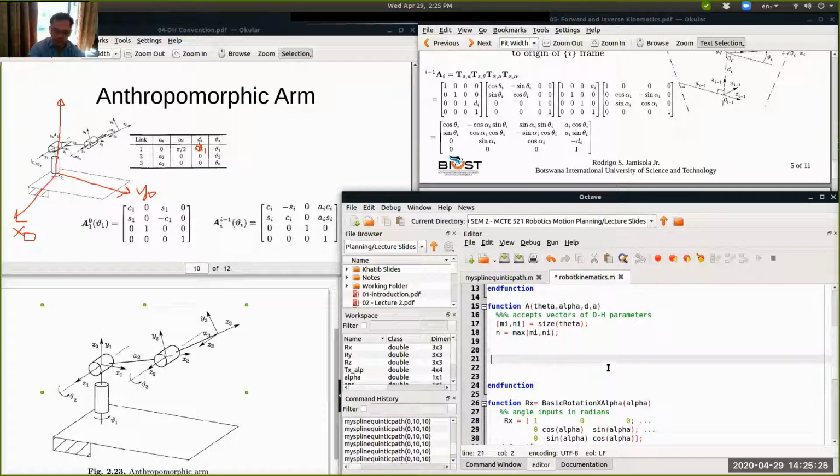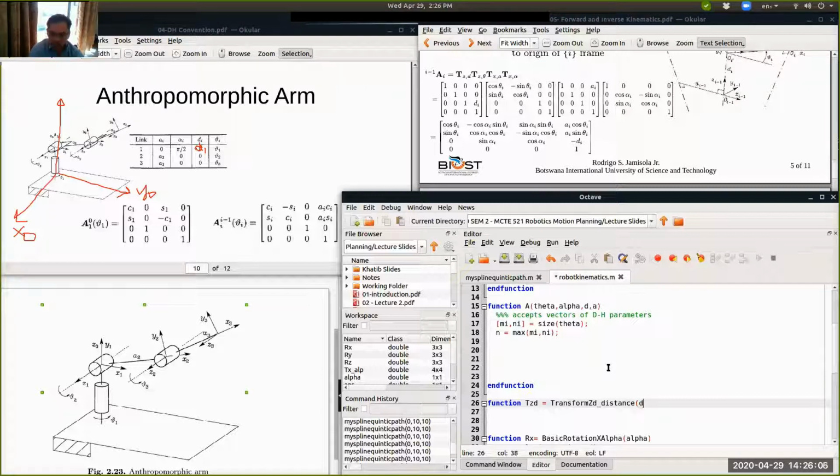Maybe let's create a function also for TZD, so a function of TZD, and then we input transform Z about D distance. Okay, so that it will be clear.